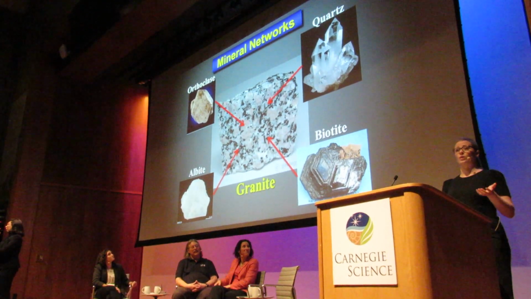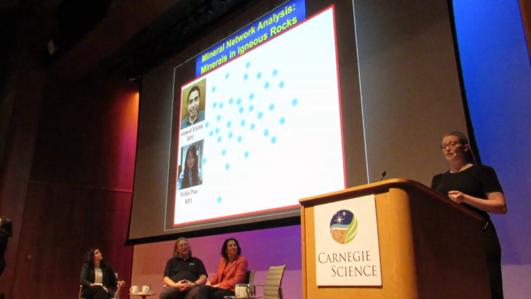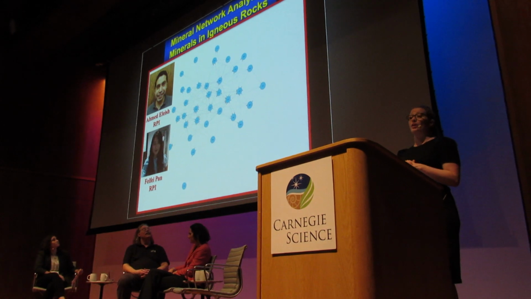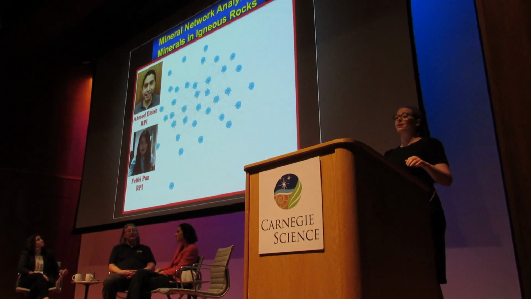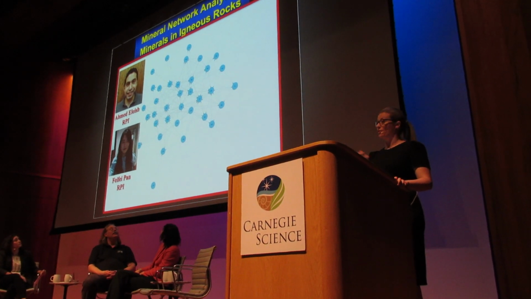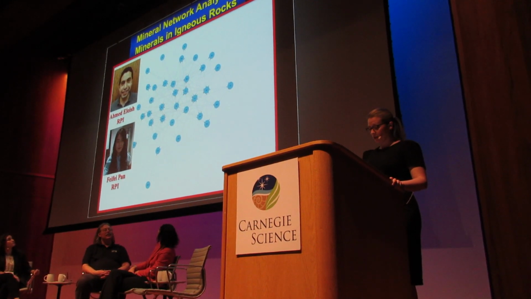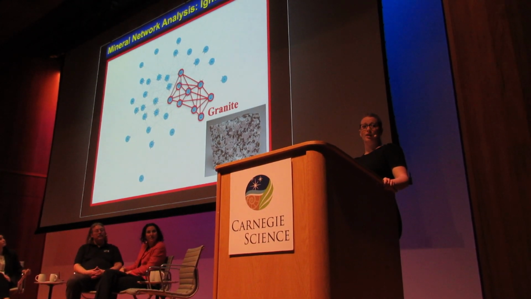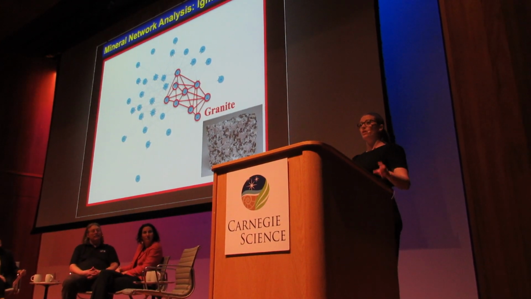We can compare this rock network of minerals to that of other types of rocks. So here we're looking at a network of minerals. Each one of these nodes represents a mineral, and igneous rocks. Igneous rocks are rocks that form due to the cooling of magma. And we can overlay our granite here. These are the minerals that make up a granite. In network analysis, we call this a clique.